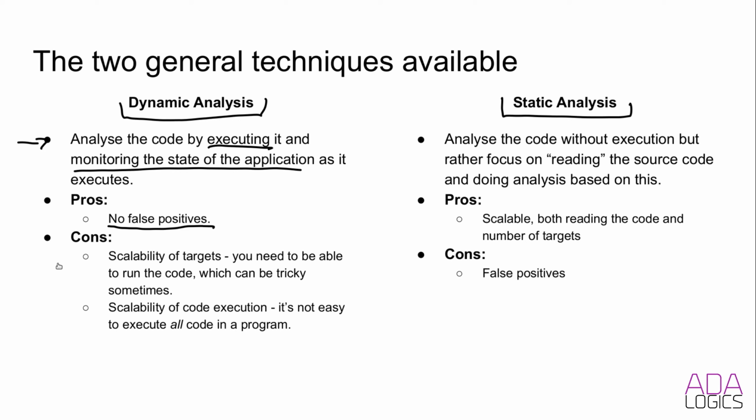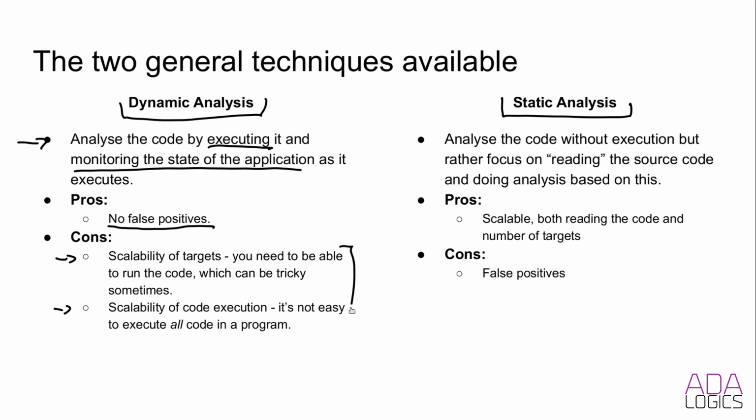The cons of dynamic analysis is that it's quite limited in terms of scalability, in that you need to be able to run the code, which can be tricky. And also it's a little bit limited in terms of scalability of code execution. It's not easy to execute all code in a given program.